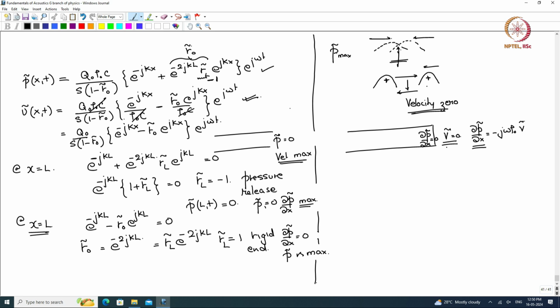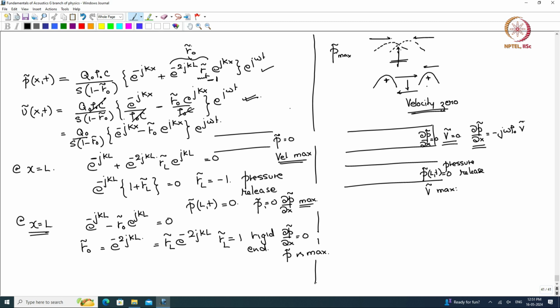On the other hand, if we have an open-ended pipe, which is pressure release, there the pressure is 0 and therefore velocity is a maximum.